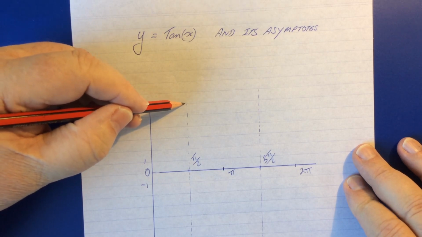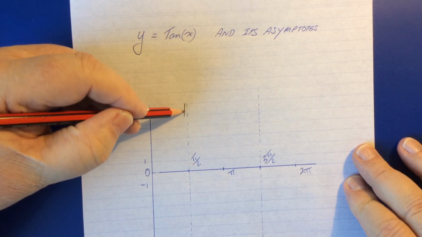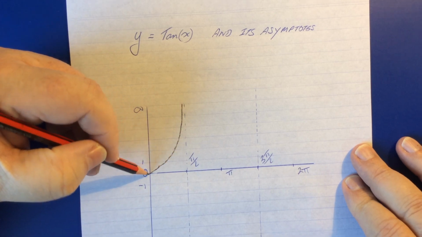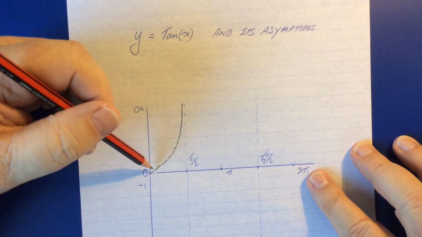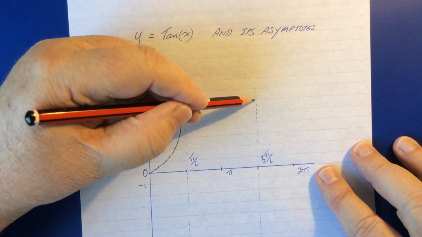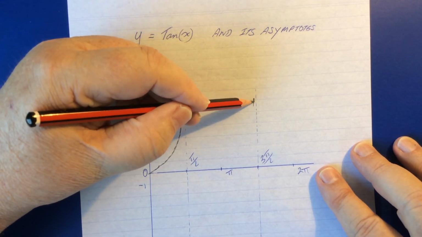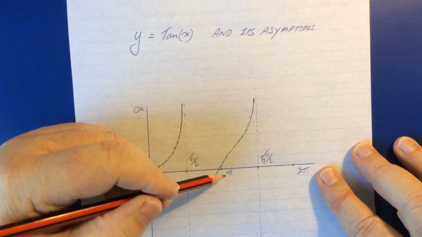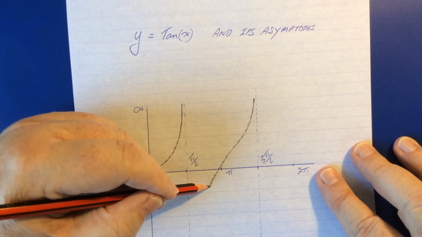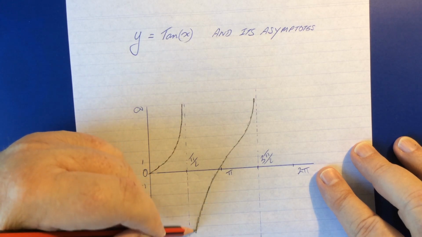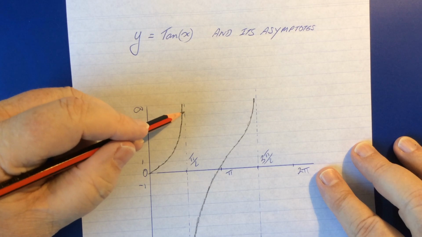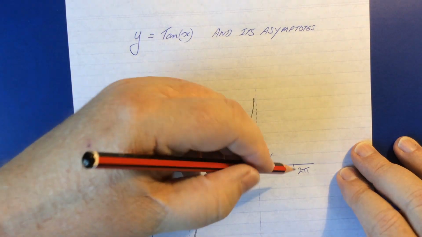Now, a tangent graph looks like this. And this is between 0 and 2 pi, 360 degrees. So just let me do the artwork here. It passes through pi, 180 degrees, and again it approaches this asymptote from the other side but does not touch.